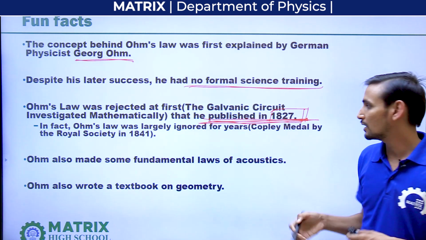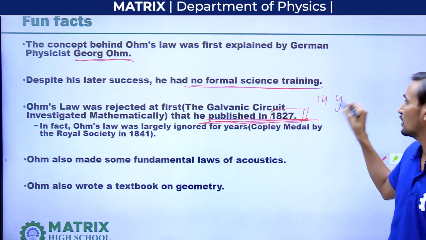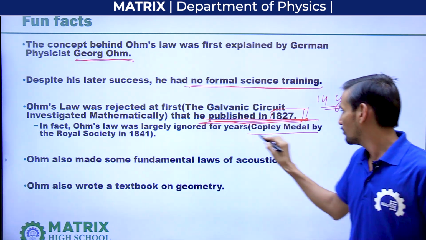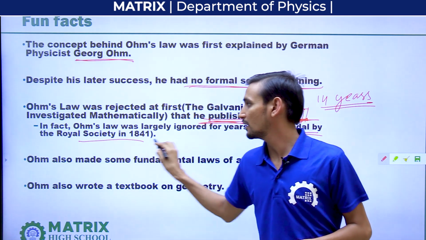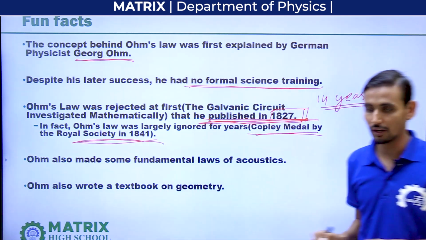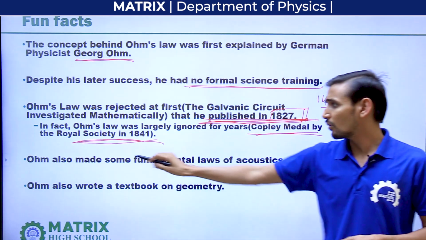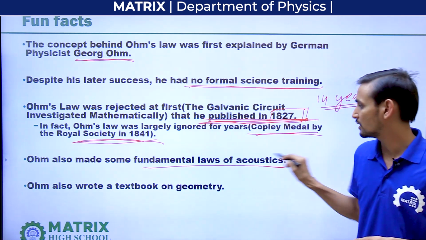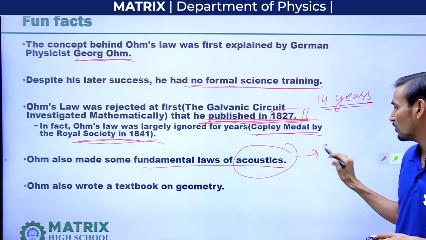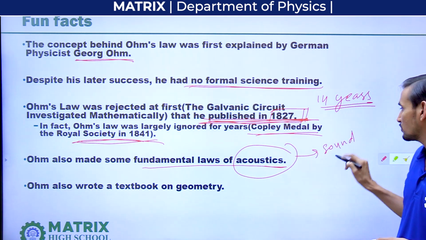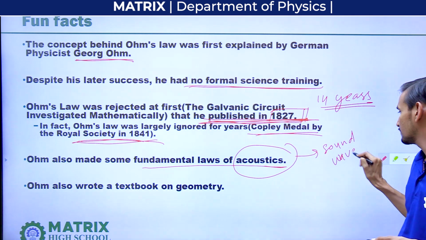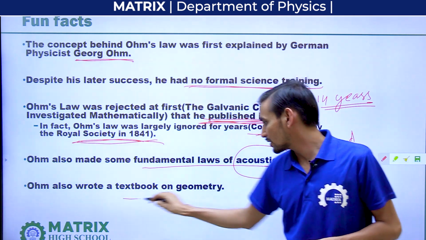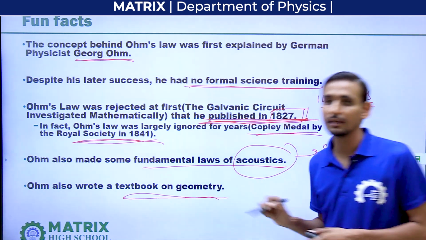But after some years, approximately 14 years, it was recognized, and a medal was given by the Royal Society in 1841. George Ohm also made some fundamental laws of acoustics, that means sound waves. He also wrote a textbook on geometry.